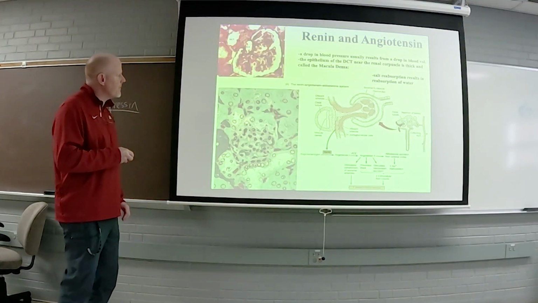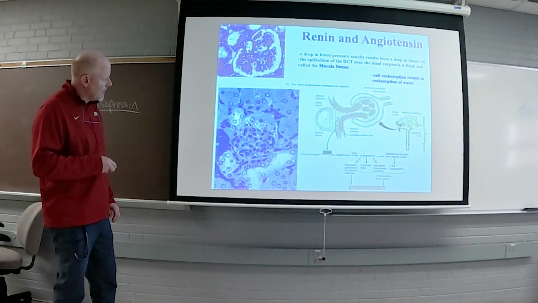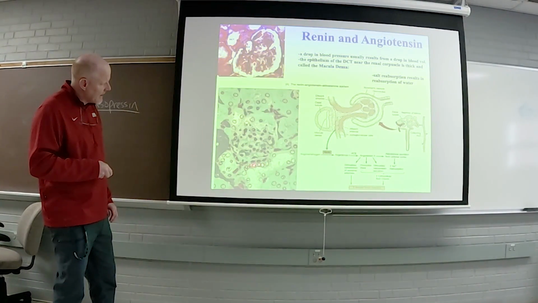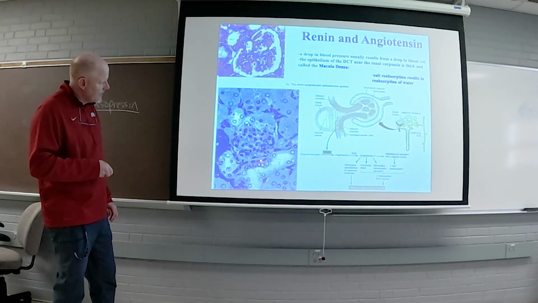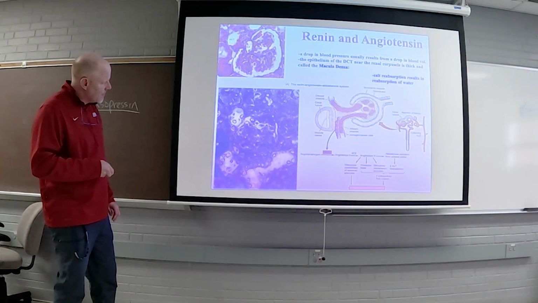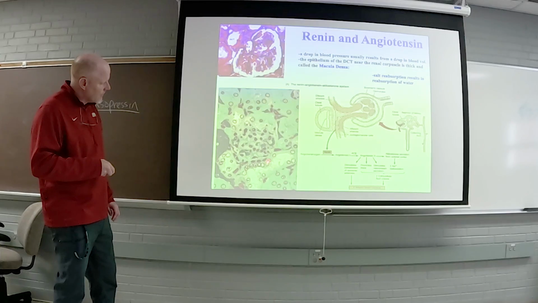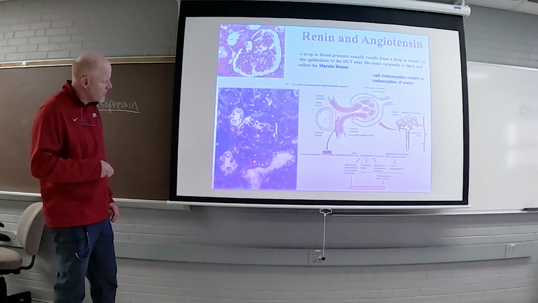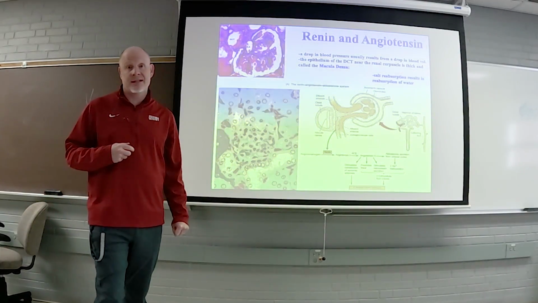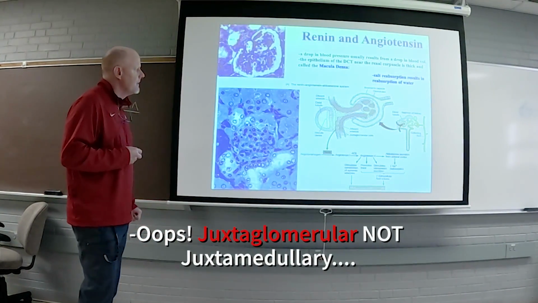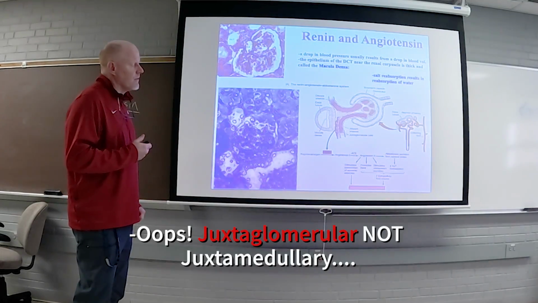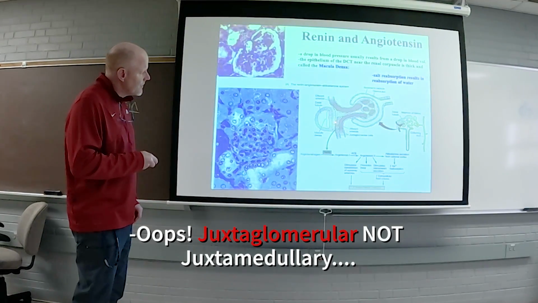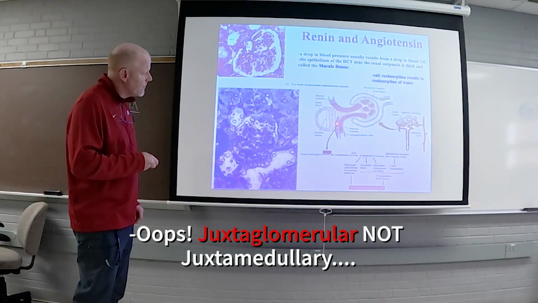epithelium. And so this is a picture from a rat, where I got a really nice picture of these cells. See how these cells are all sandwiched right here. You can't see the blood supply coming in, but you can see these cells here with the big round nuclei. That's the macula densa. And then these cells right here that are flatter, with darker nuclei, are called juxtaglomerular cells. In some texts they're called juxtamedullary cells, but juxtaglomerular means right next to the glomerulus.